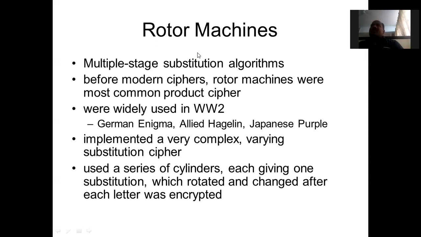It implemented a very complex varying substitution cipher, using a series of cylinders, each giving one substitution, which rotated and changed after each letter was encrypted. We will see how these cylinders rotate with the help of an example. Rotor machines are multiple stage substitution ciphers because we replace the plain text characters with cipher text characters.